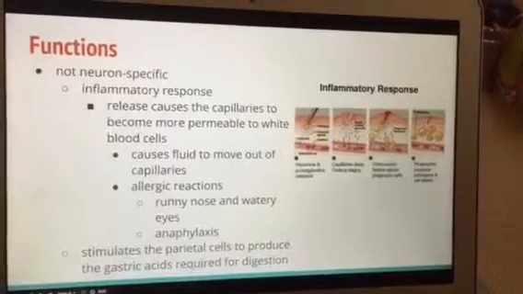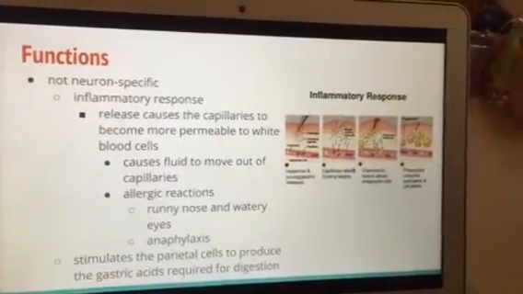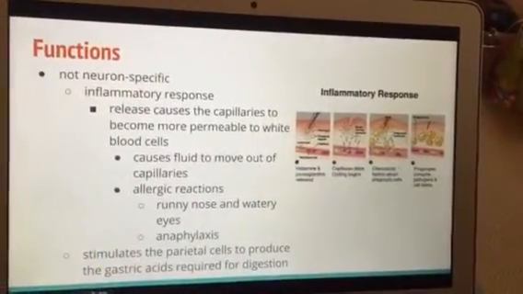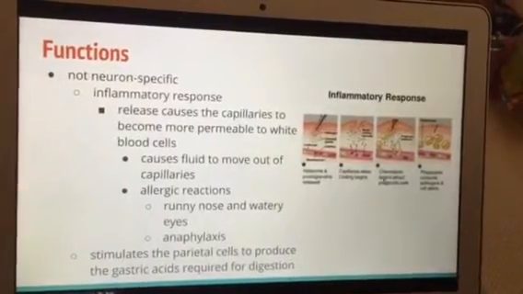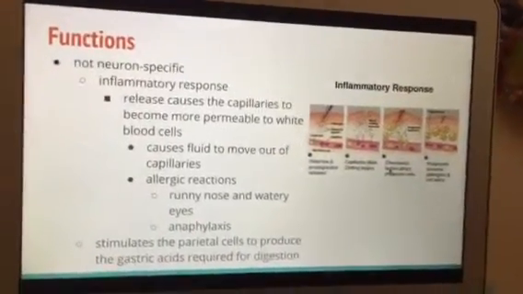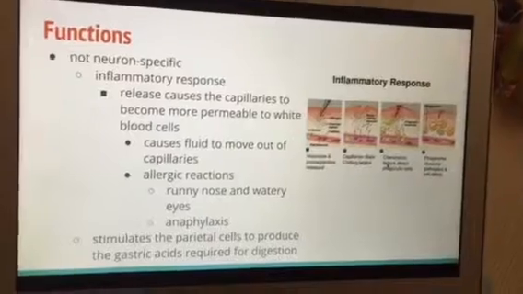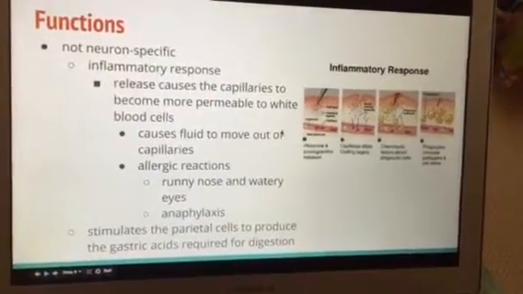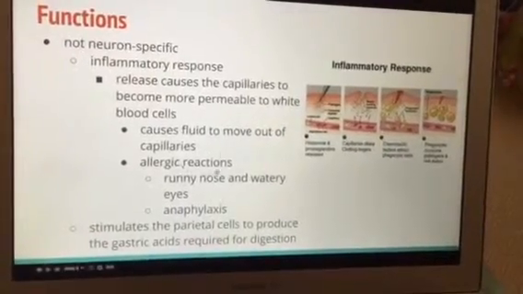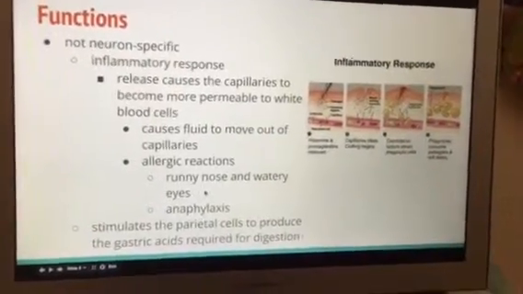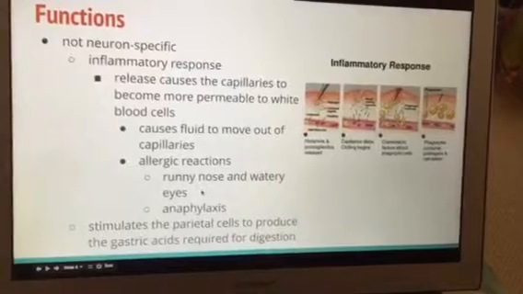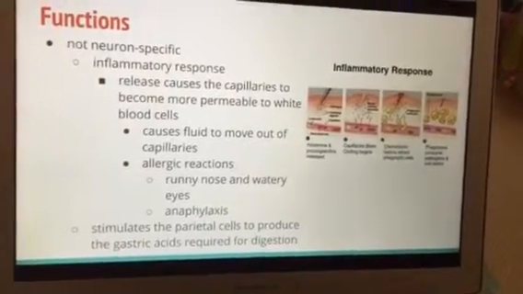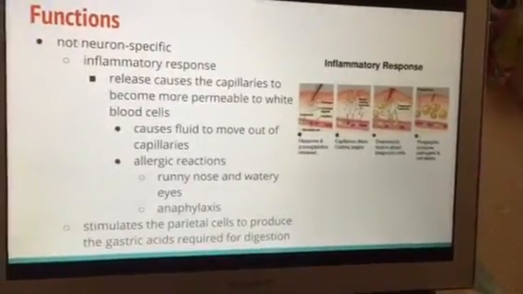At the site of infection, more white blood cells will rush in because of this permeability. And this plays a role in allergic reactions. When the body finds an allergen, histamine will get released, which causes the permeability of the capillaries, which will result in things such as the runny nose, watery eyes, even anaphylaxis.